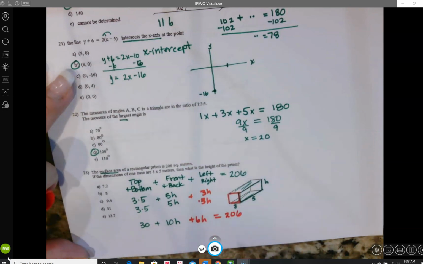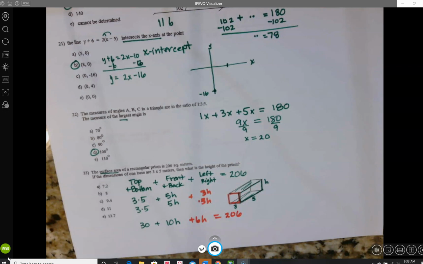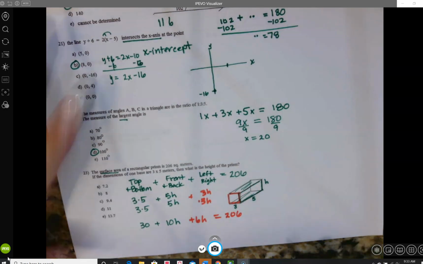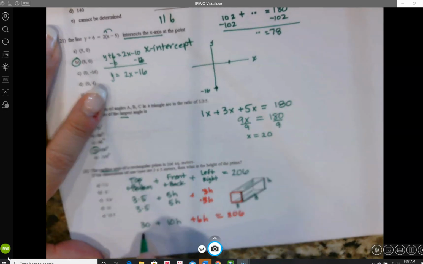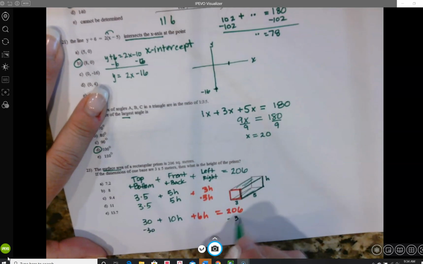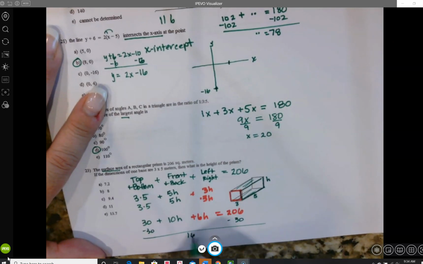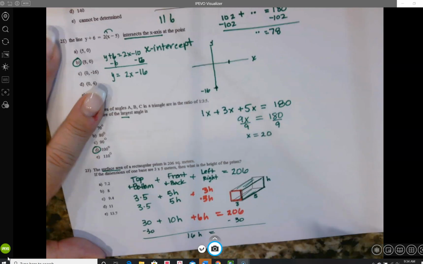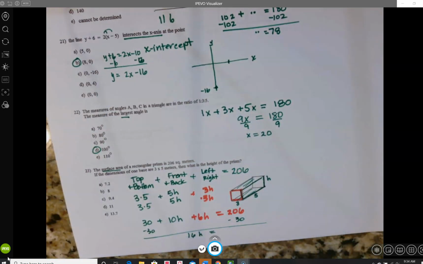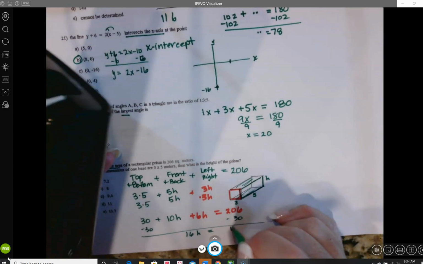So now that we see it written as an equation like this, it probably looks a little bit simpler. So I'm going to go ahead and subtract off my 30 from both sides, and I combine like terms. 16h equals 206 minus 30. That is 176.